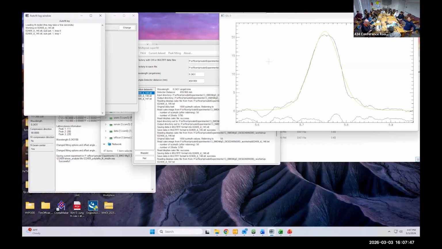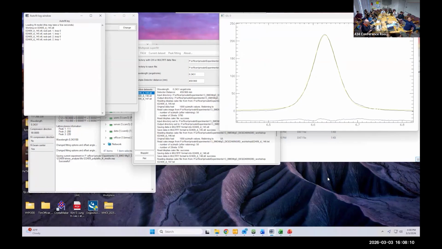So now it's fitting our peaks for us. This is fitting the second data file, all 3 peaks automatically. Now we just switch to the next peak.